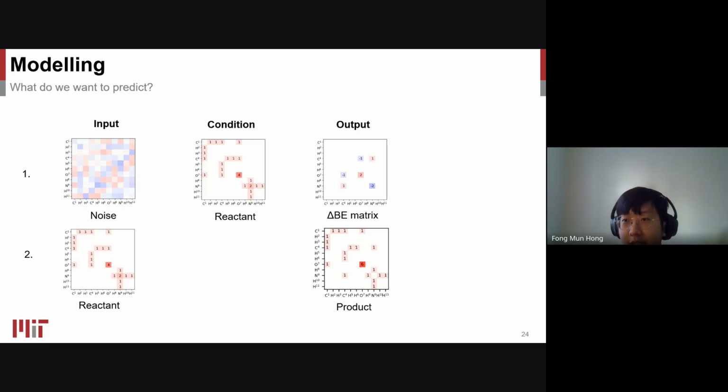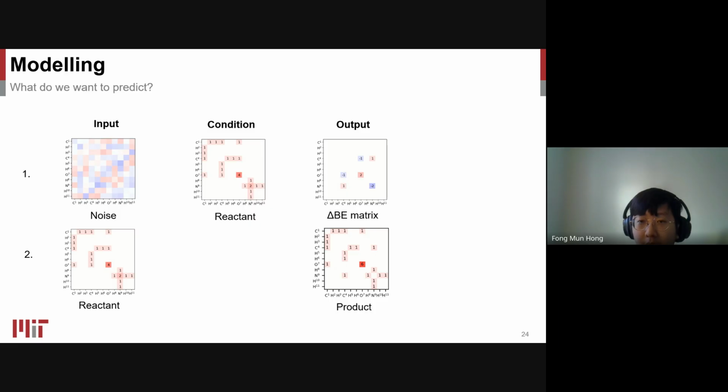So when we think about the modeling, I mentioned diffusion and flow matching just now. There are two ways to think about this problem. To reiterate the problem, we have a bond electron matrix, and the reactants, the intermediates, and the product all share the same shape.